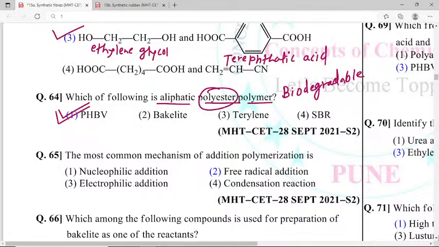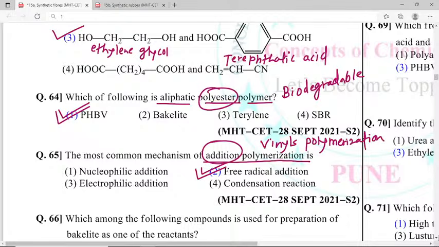The most common mechanism of addition polymerization is free radical addition. As the name suggests, it involves free radical addition reaction, and all vinyl polymers undergo it. It is also called vinyl polymerization.